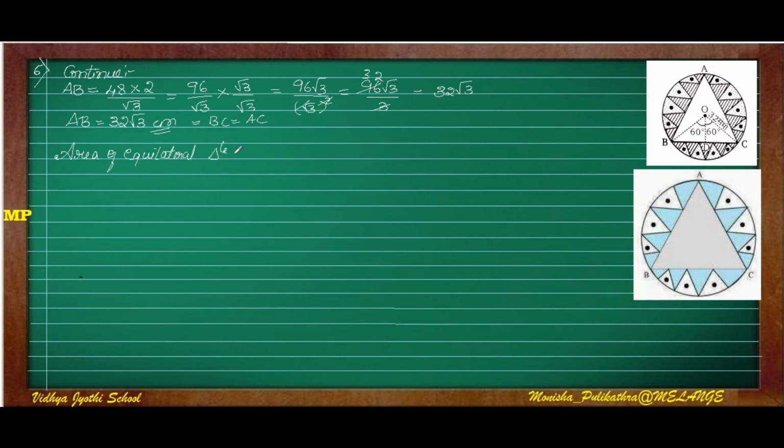So the area of equilateral triangle ABC is given by root 3 by 4 a square, which is nothing but the side square: root 3 by 4 into 32 root 3 into 32 root 3. So 4 8s are 32. So next we will get root 3 into 8 root 3 into 32 root 3.